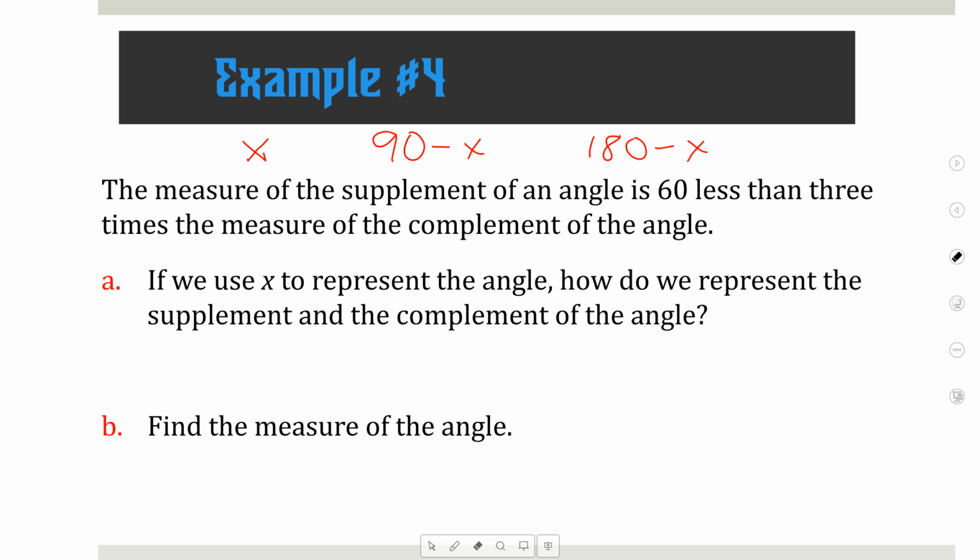Those are different. Hold on, I'm not done. With that information of the angle being x, the complement being 90 minus x, and the supplement being 180 minus x, in a word problem like that, you're literally going to write down exactly what it says. The only difference is the same thing as equals.